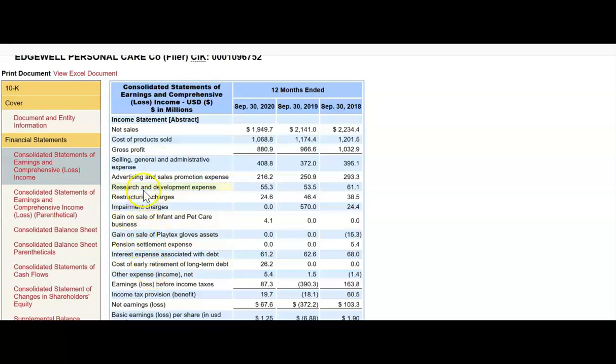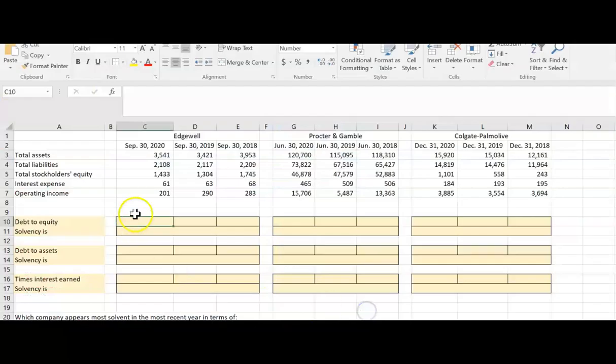So I solved for operating income just by looking at this and saying, I think SG&A is definitely part of operating income, advertising and promotion, operating, R&D operating. And I made the decision that restructuring, impairment, and everything else that we see here is more similar to non-operating.